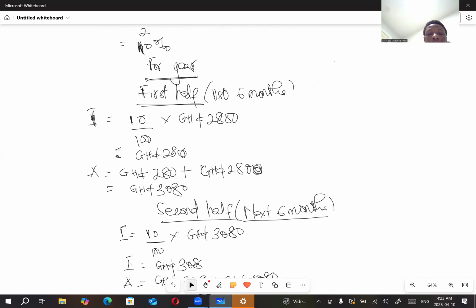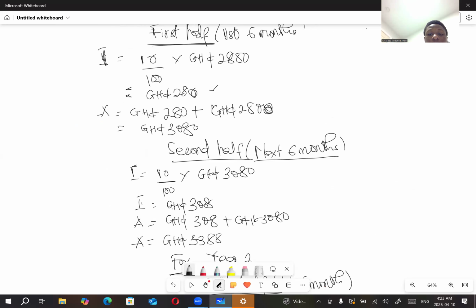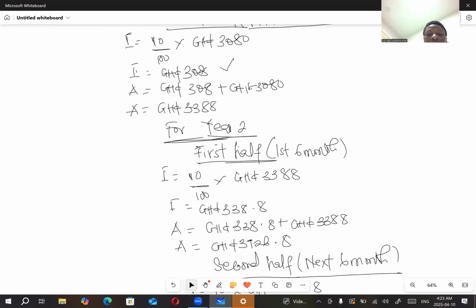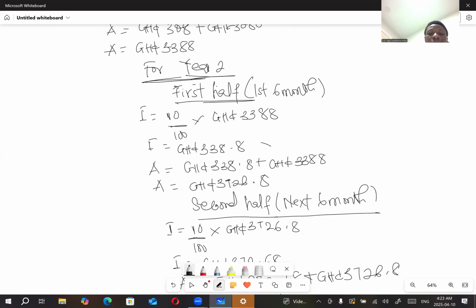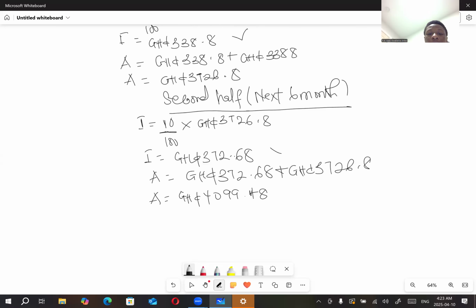So it's all about adding the interest for the first half to the interest of the second half to the interest of the third half to the interest of the fourth half, right? Or simply put, compound interest.